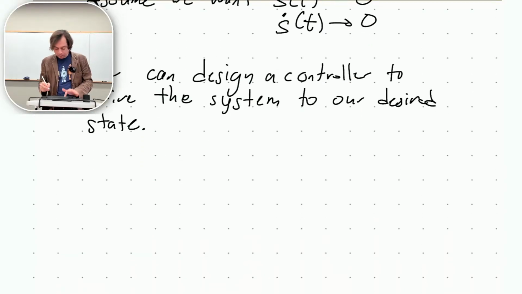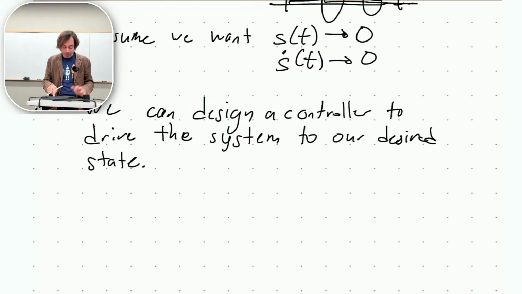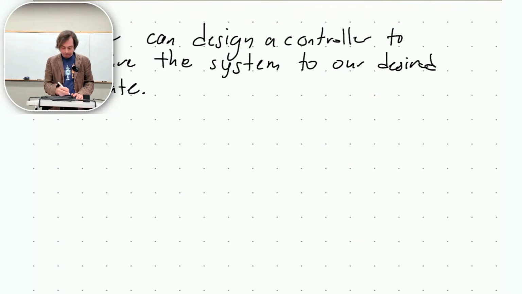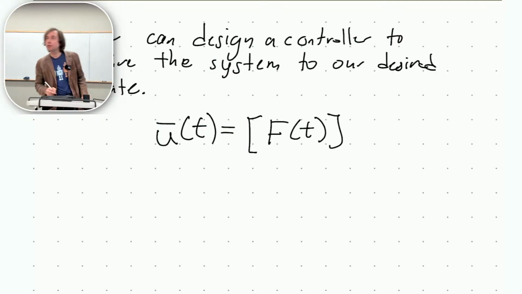Okay? Thing is, now we also have to change our equations because now we have a force in the mix that wasn't there before. So if we were doing our free body diagram, voila, we have a new force right there. Okay. So our control input vector, we have now a force in it. It's got F of t.